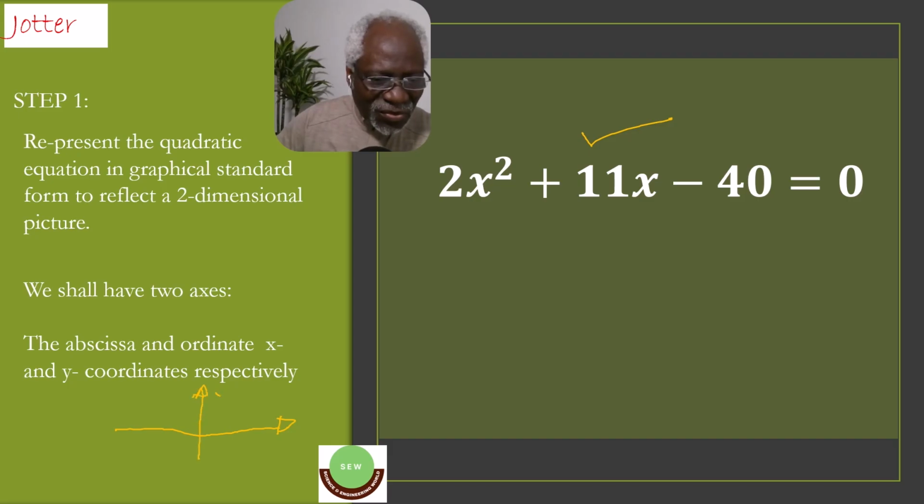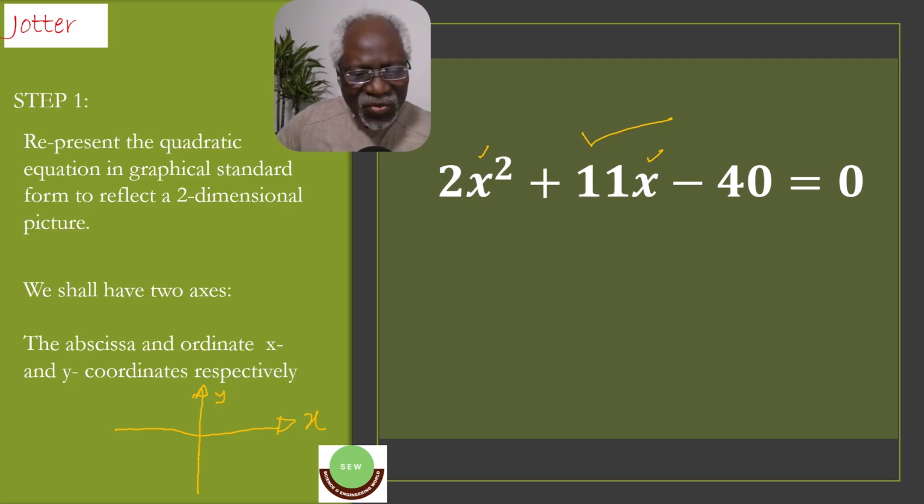So we have the y as the ordinate and the x as the abscissa. Now we have x variables in this equation, and these will be presented on the horizontal axis.